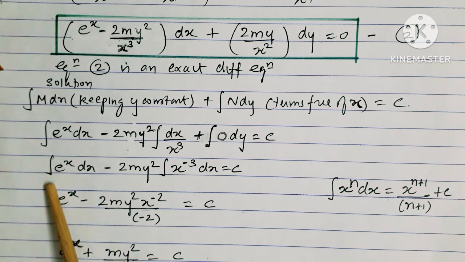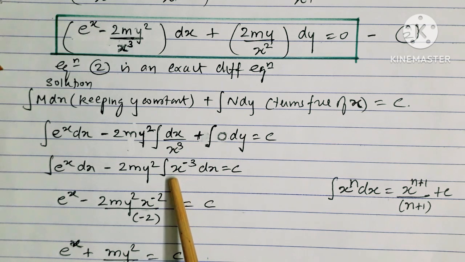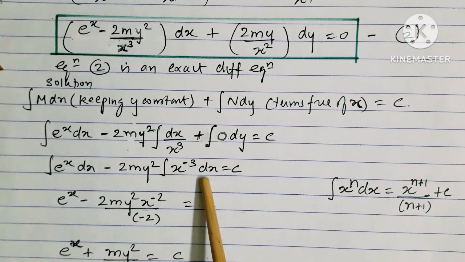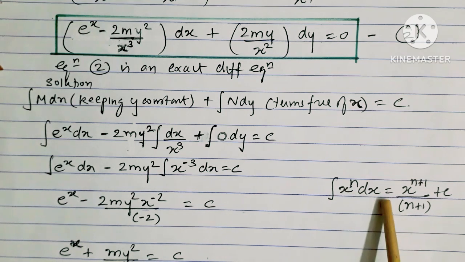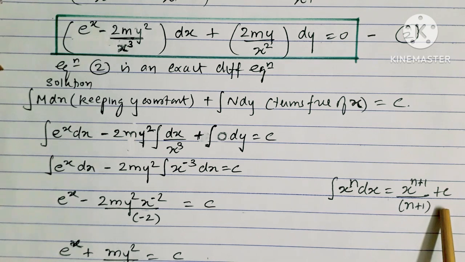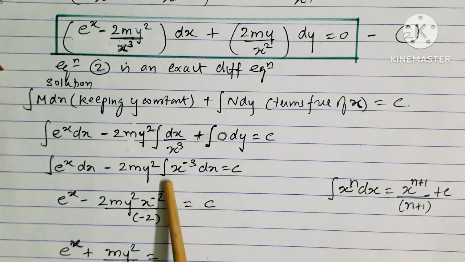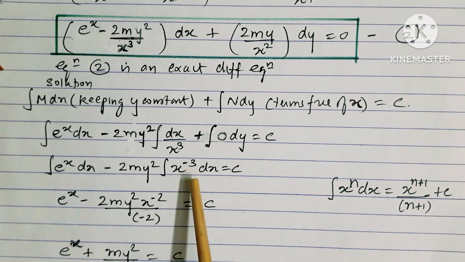Now integral of e raised to x dx is equal to e raised to x, and integral of x raised to minus 3 dx can be integrated using this formula. Integral of x raised to n dx is equal to x raised to n plus 1 upon n plus 1 plus c. Therefore, integral of x raised to minus 3 dx will be x raised to minus 2 upon minus 2.